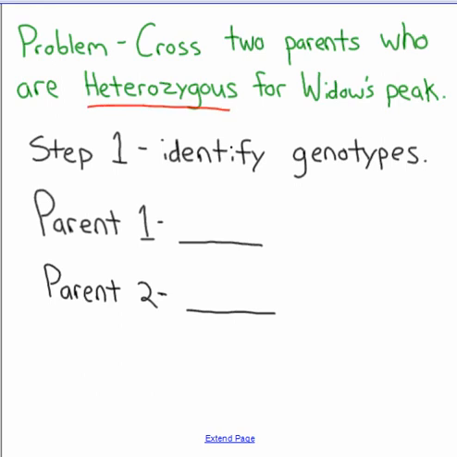Heterozygous means different letters, and we're using W's, so different size letters. So big W, little w, that is what heterozygous looks like for parent one, and it says in the problem both parents are heterozygous for widow's peak, so they're both going to be big W, little w.